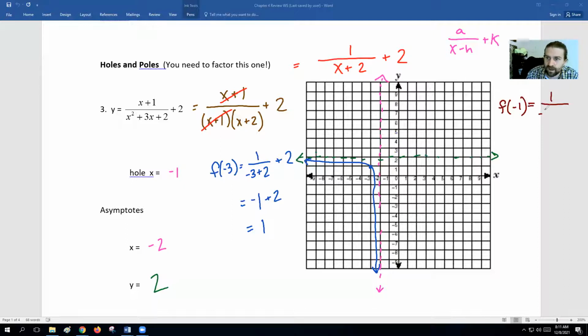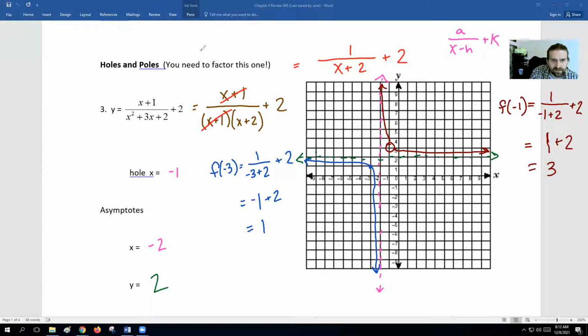So it's 1 over -1 plus 2, plus 2. That'd be 1 over 1, which is 1. 1 plus 2 is 3. So that means at -1, we're at 3, and I'm going to put an open dot. So our boomerang is going to be above. We just have an open dot in the middle of that boomerang over here. And so there's the holes and poles graph.